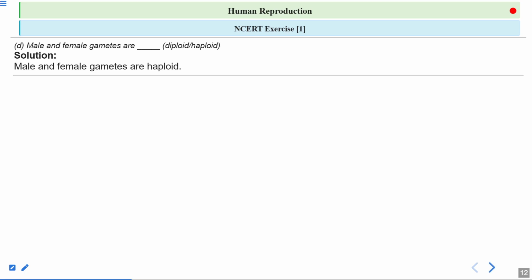Haploid means they have n number of chromosomes, half the number of chromosomes compared to diploid cells. Diploids have 2n chromosomes, haploids have n chromosomes. Haploid cells have only one set of chromosomes. In humans, gametes will have only 23 chromosomes.